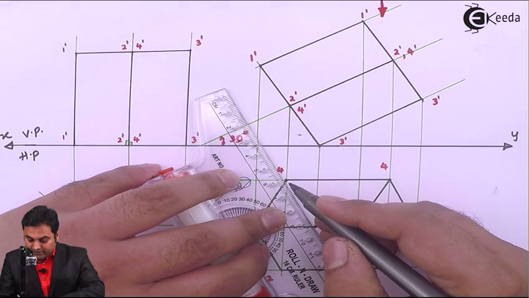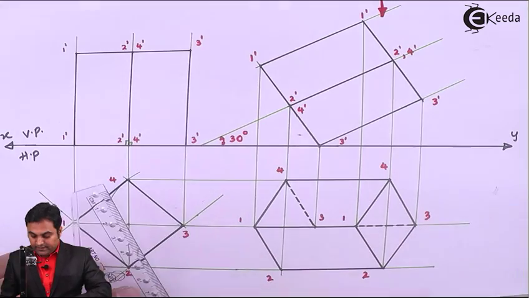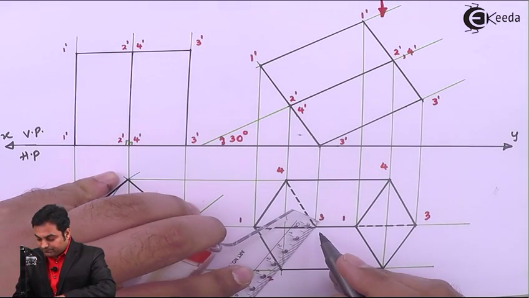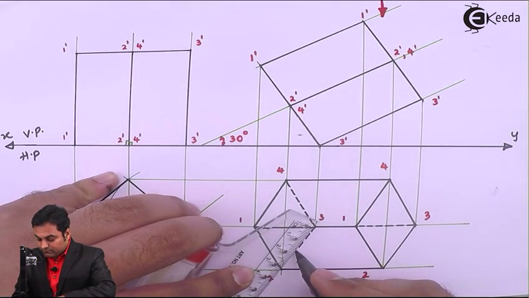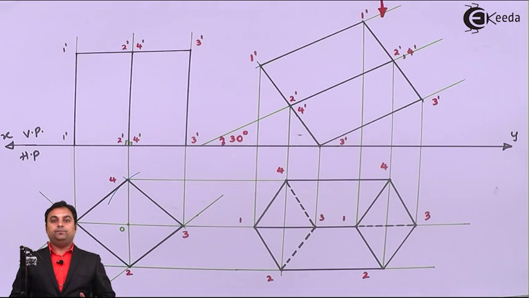So drawing the hidden line here as well, connecting 3 to 4 and 2 to 3. So this is the complete solution to the given problem, and with this we complete the question.